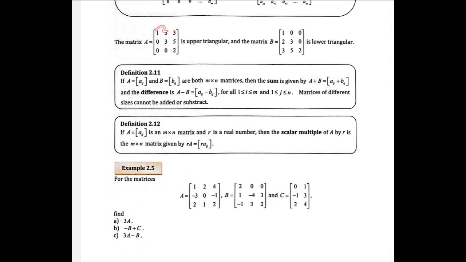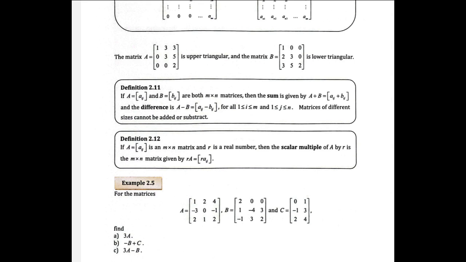So you are summing this element with this element and this element with this element respectively until the end. The same goes when you subtract. And for scalar multiplication, just like we discussed during the negative matrix, you multiply each element with the scalar value, which is the value that you need to multiply.